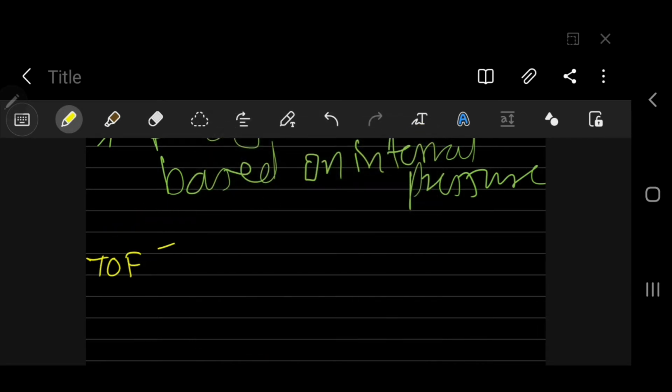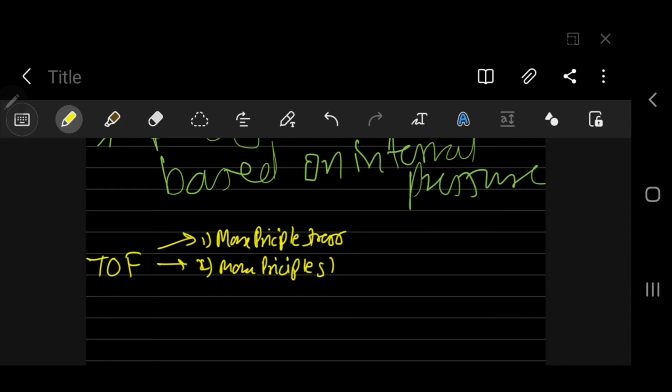Okay, the first one is the maximum principal stress theory. The second one is the maximum principal strain theory.